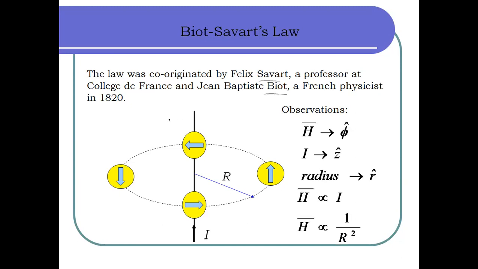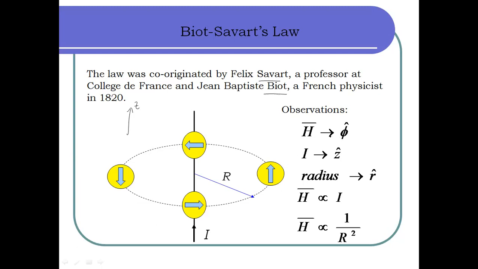If we consider this to be the z direction and use the cylindrical coordinate system to explain the field direction, the current is flowing in the z direction, and the H field is in the direction of phi.